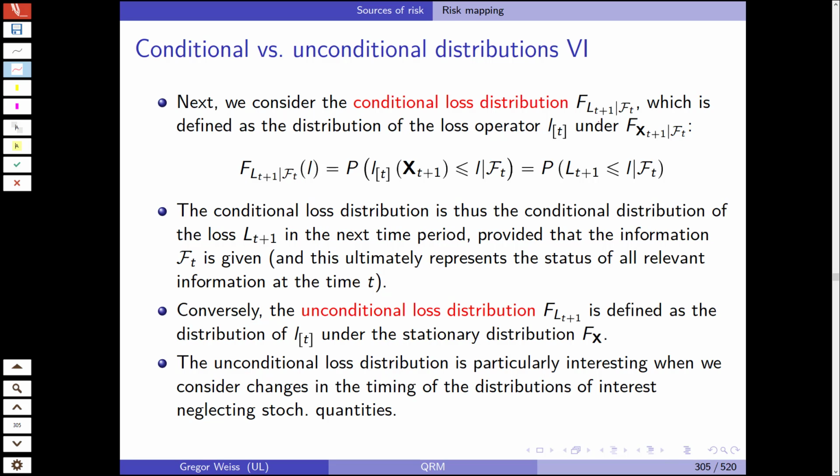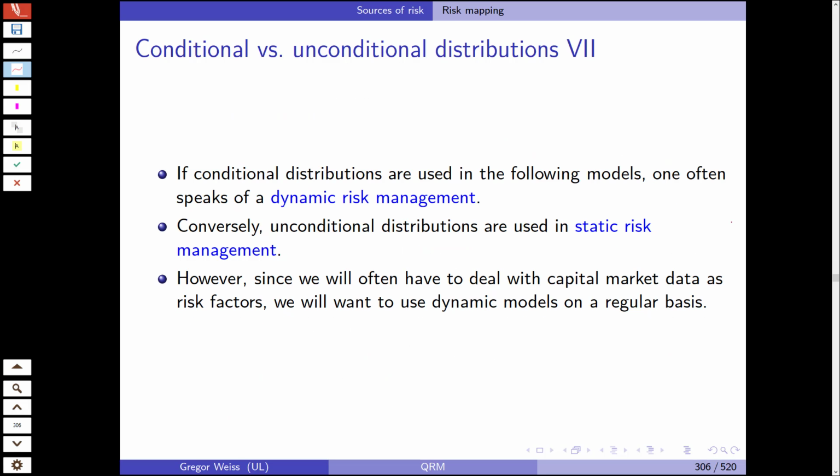If you take a conditional loss distribution, this is equivalent to the conditional probability of a loss L_{t+1} being smaller or equal than l, under the assumption that you've incorporated all the available information up until point t. This is also sometimes called dynamic risk management in contrast to static risk management. Why dynamic?